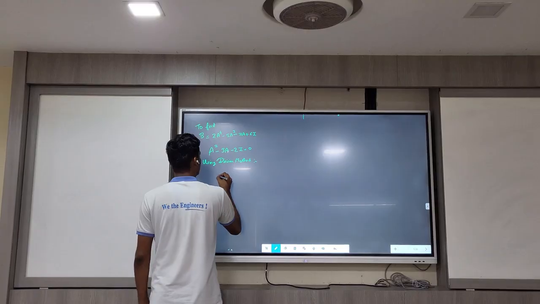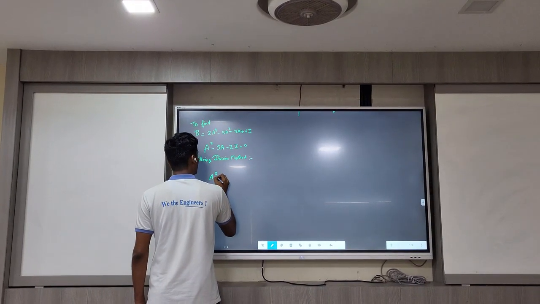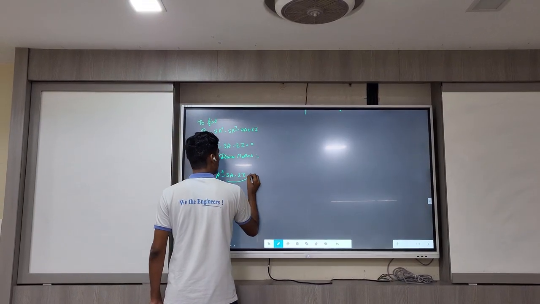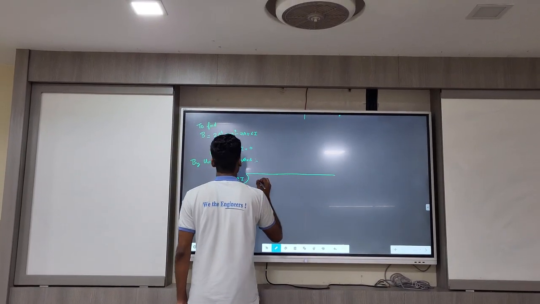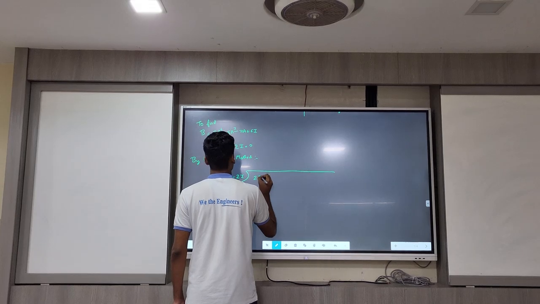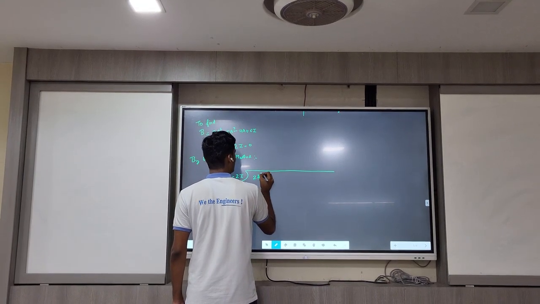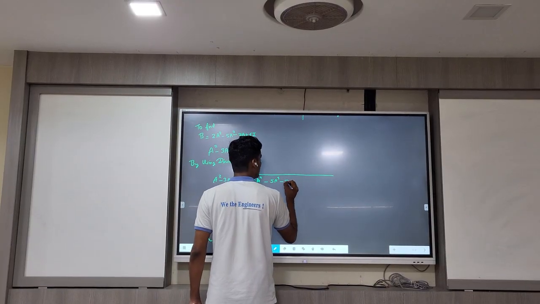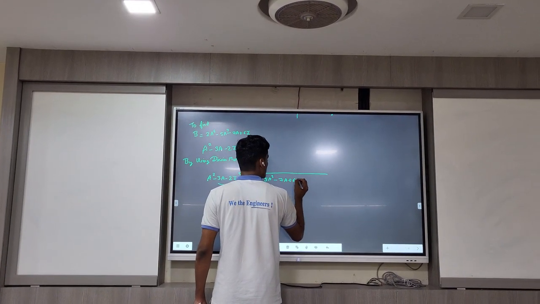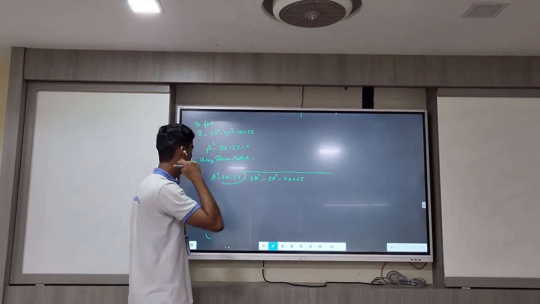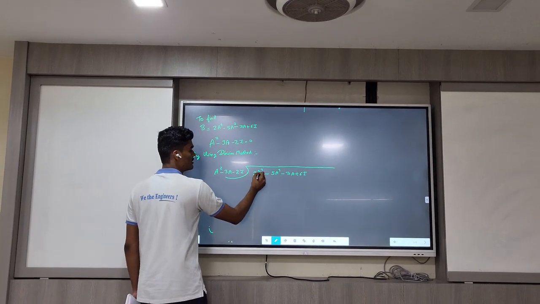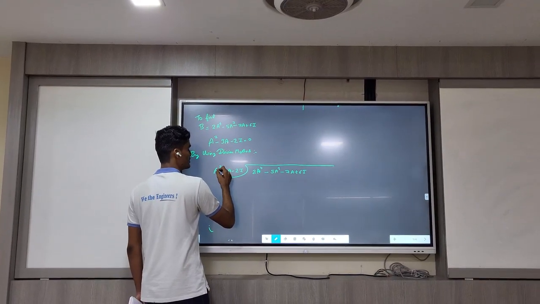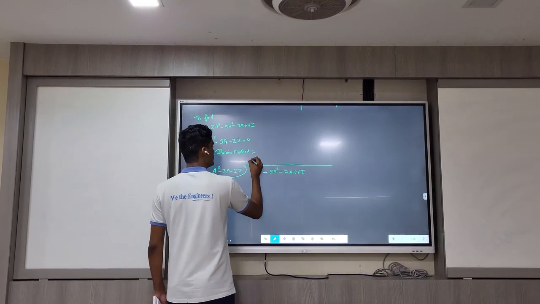So in the division method, we will divide the equation we have to find with the characteristic equation. As you can see, here the highest power is A raised to 4 and here is A squared. So we will multiply 2A squared by this whole expression.